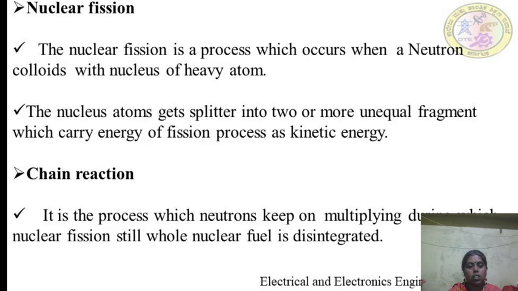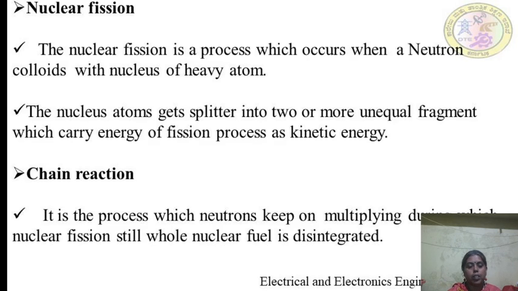Another method of generating nuclear energy is chain reaction. What does chain reaction mean? It is a process in which neutrons keep on multiplying during nuclear fission, until the whole nuclear fuel is disintegrated.